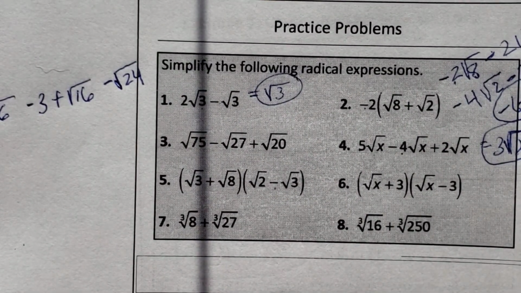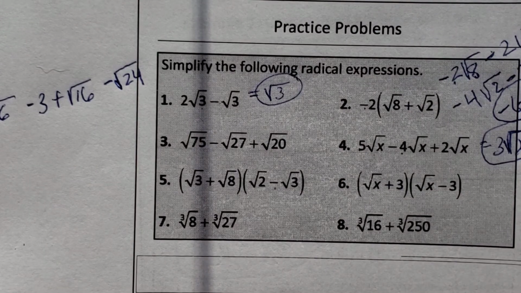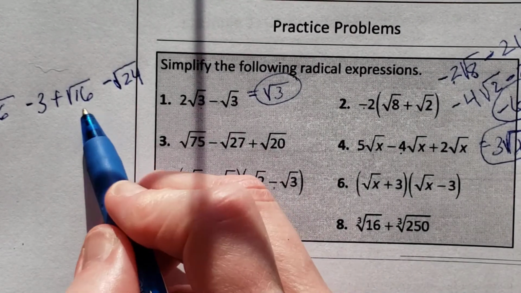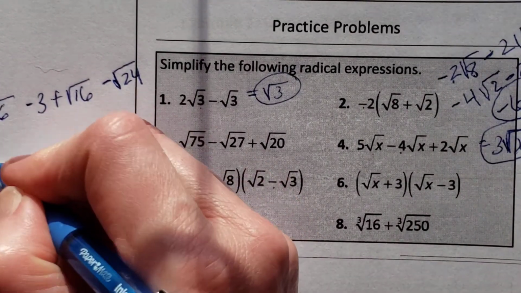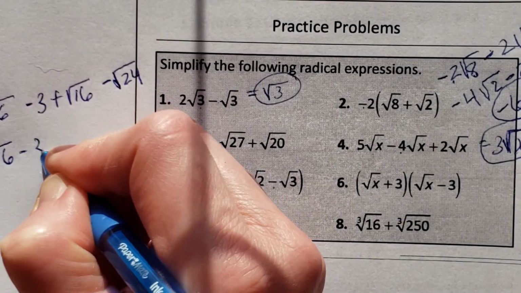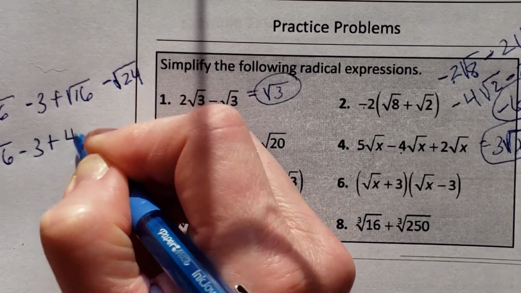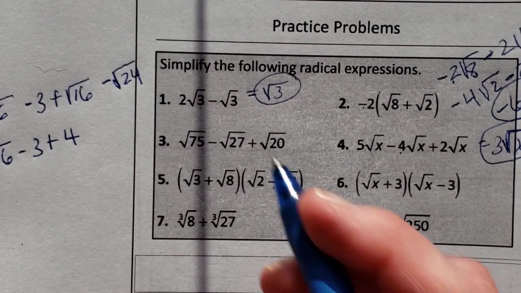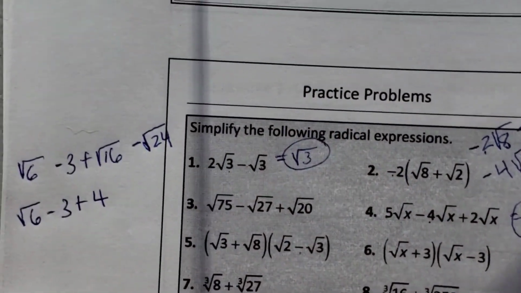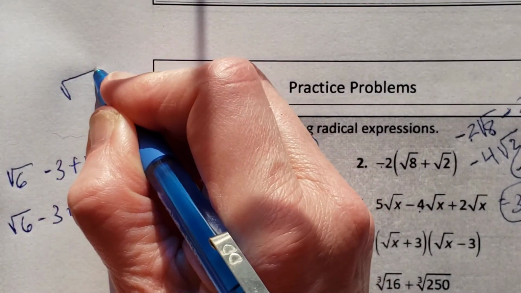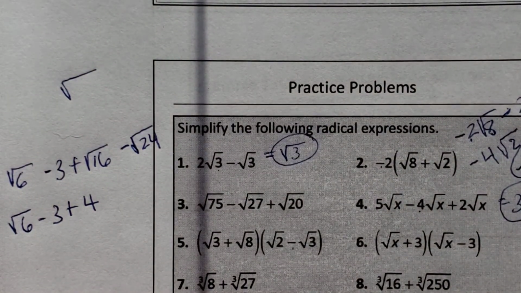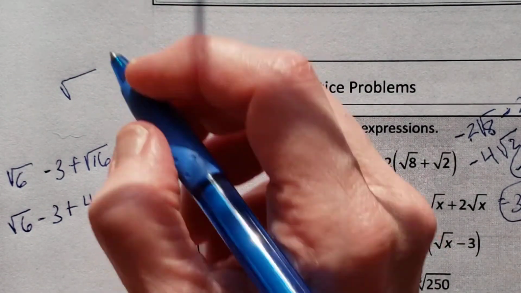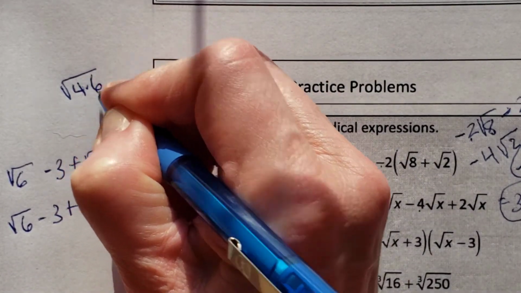All right, so square root of 6 has no perfect squares. 16 is a perfect square, so we have square root of 6 minus 3 plus 4, because 16 is a perfect square. And then negative 24, let's see, I need a little bit more room. So 24 would be, what's my biggest perfect square factor? I guess 4. 4 times 6, yep.